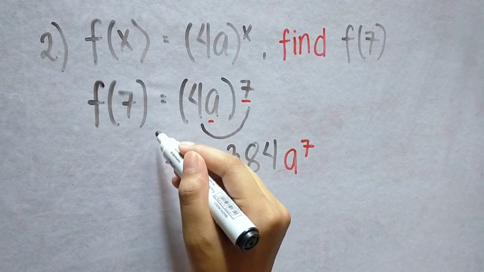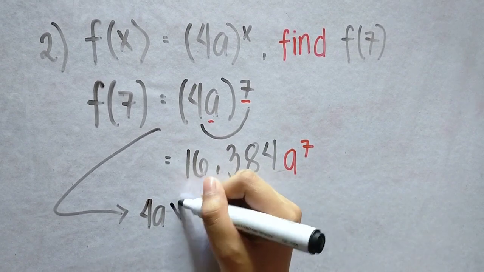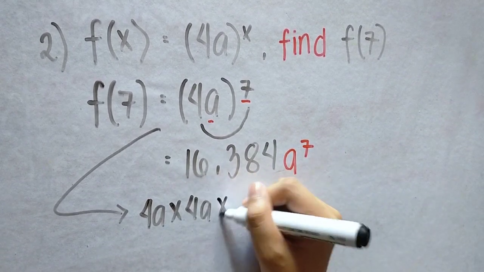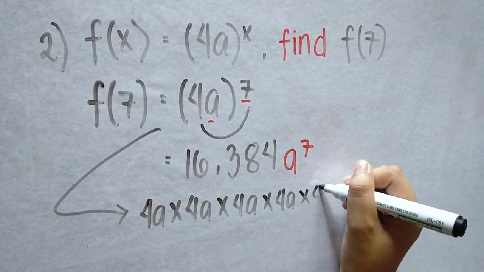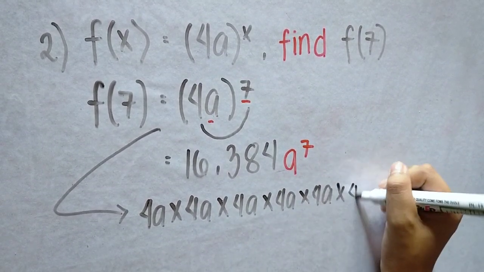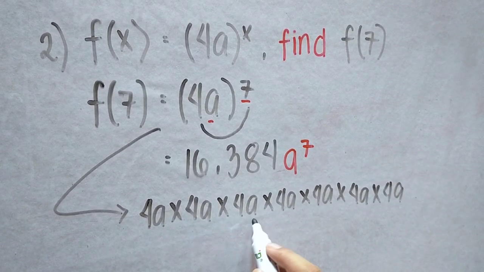Kasi once na nilatag natin to, 4a times 4a times 4a... one, 2, 3, 4, 5, 6, 7.